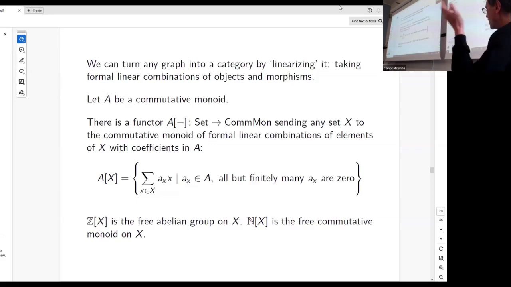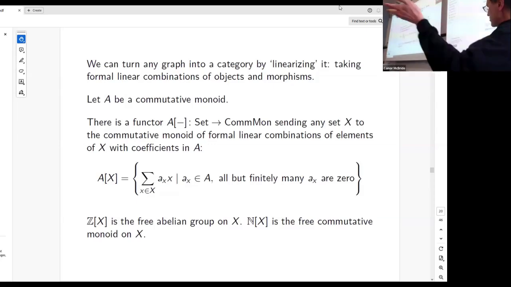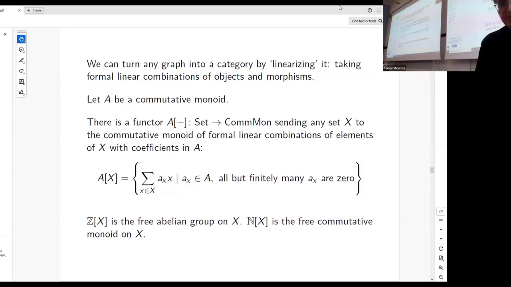And you could do 2y plus 3z and stuff like that. And that's indeed the free commutative monoid on a set.